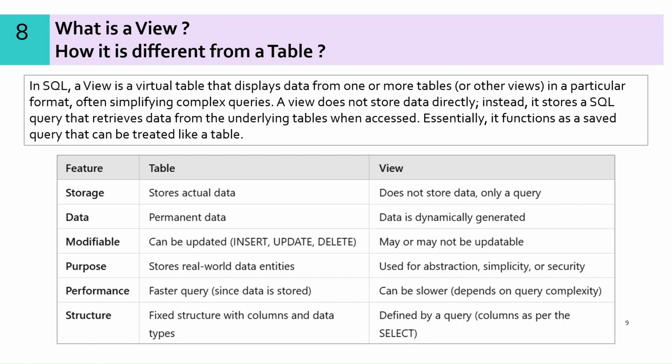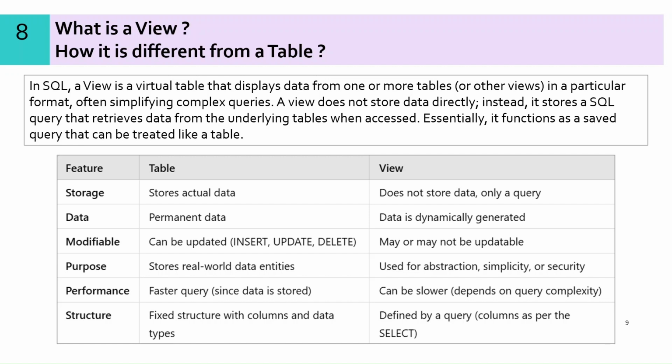So these are the differences between a table and a view. The table basically stores the actual data. That is the major difference between table and view, while a view does not store any data, it just stores the query. The table contains permanent data, but for a view, the data is dynamically generated. A table can be updated with insert, update, delete. You can perform these operations on a table, but a view may or may not be updatable.